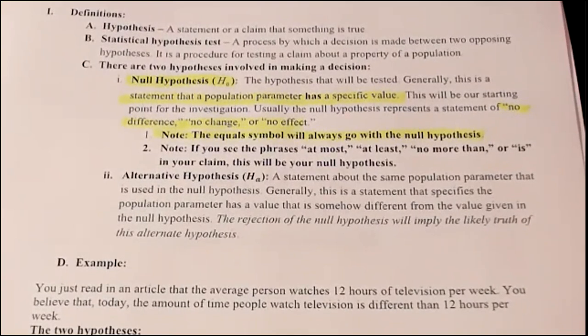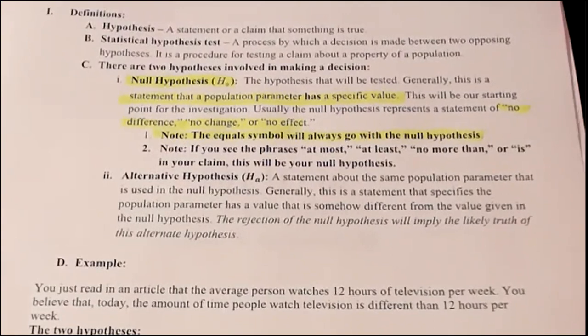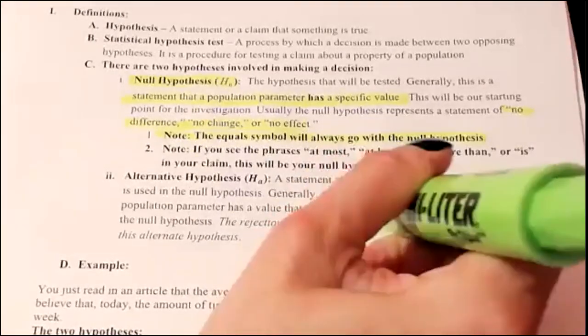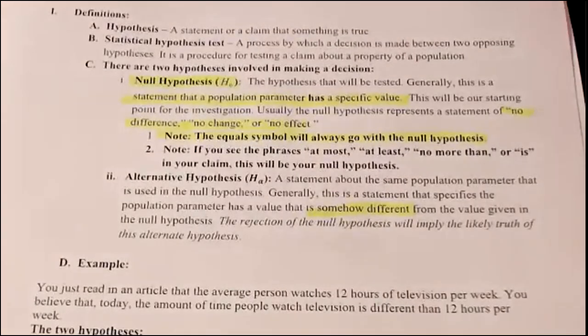Generally, this is a statement that specifies that the population parameter has a value that is somehow different from the value given in the null hypothesis. The rejection of the null hypothesis will imply the likely truth of this alternative hypothesis.